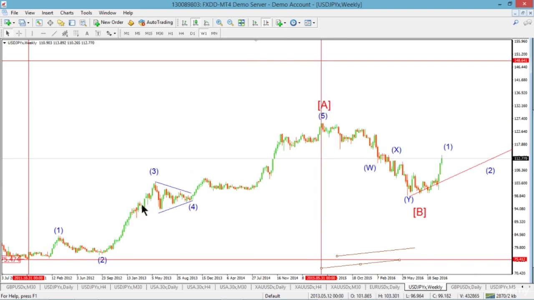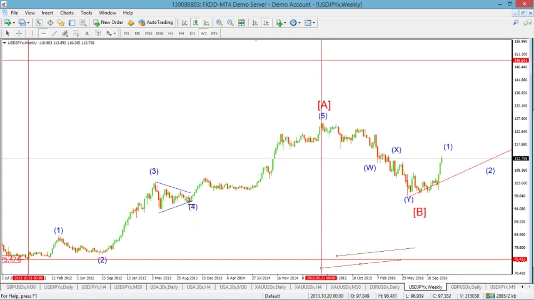The next lower degree is the waves that make up the internal waves that make up that wave A and wave B, and they're labeled in blue there. So wave 4 here in blue would be the fourth wave of one lesser degree.